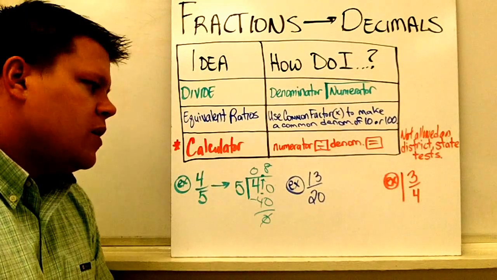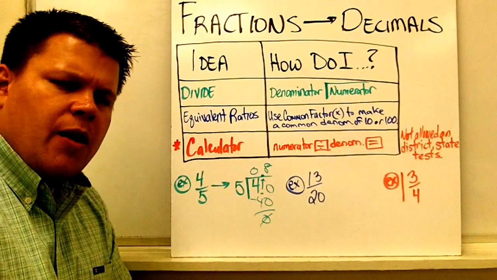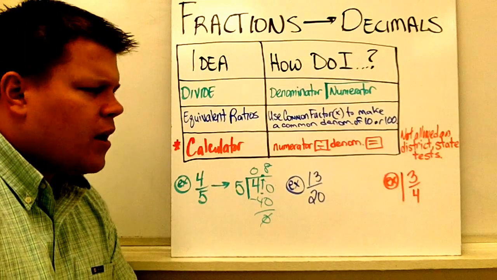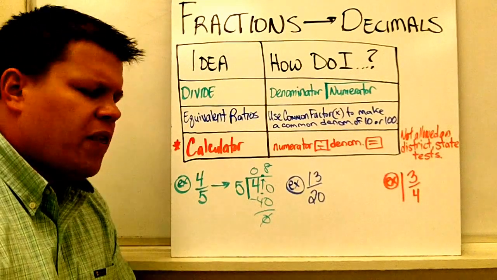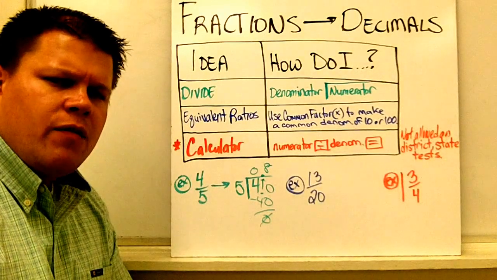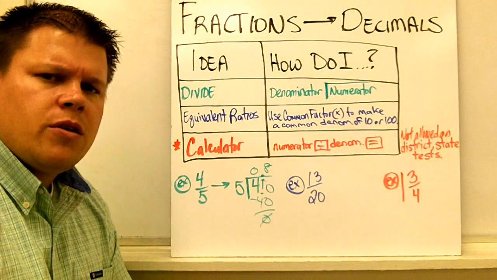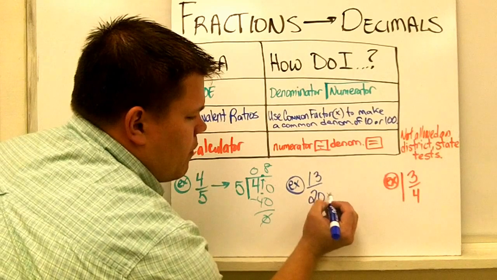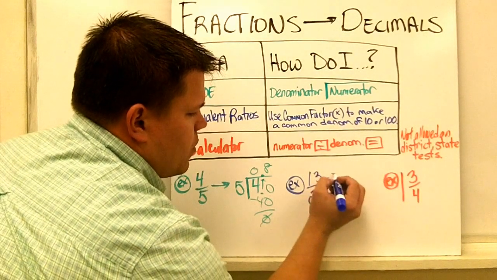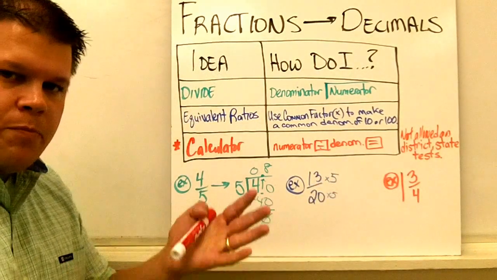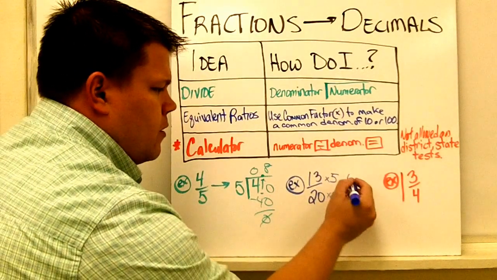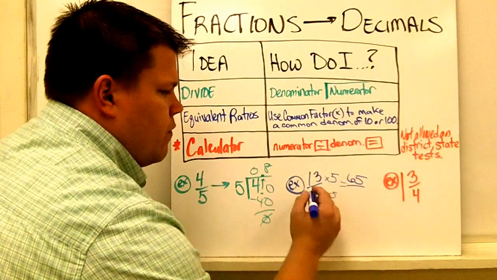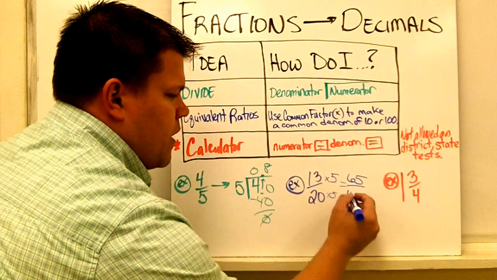13 over 20, I'm looking at the 20 and I think about $20 bills. How many $20 bills would it take me to have $100? And when I think about that, I think that it would take me 5 $20 bills to make $100. So if I multiply this 20 by 5, and I multiply this 13 by 5, because I want to keep things balanced, I can do some magical math here. 13 times 5 is 65, 20 times 5 is 100.